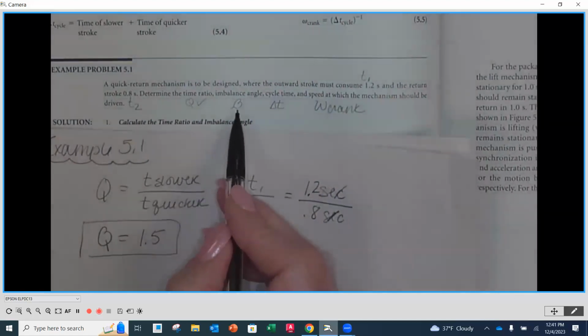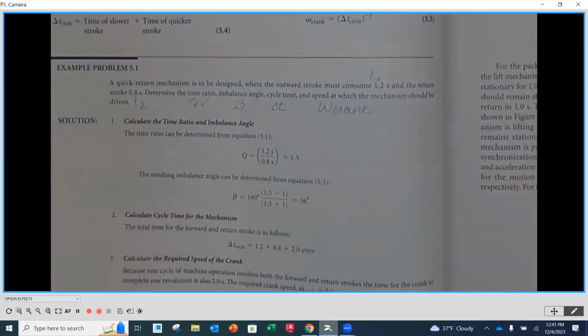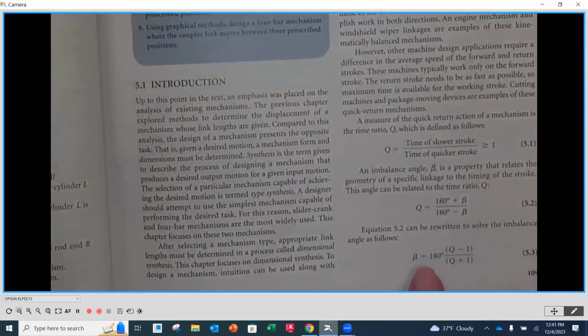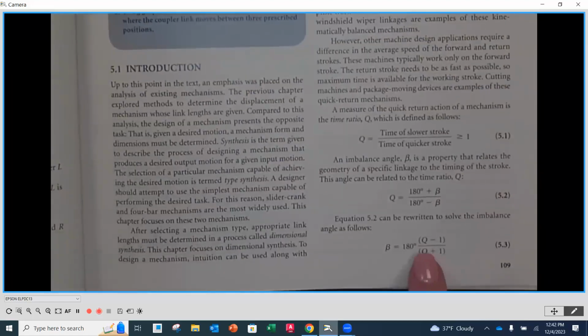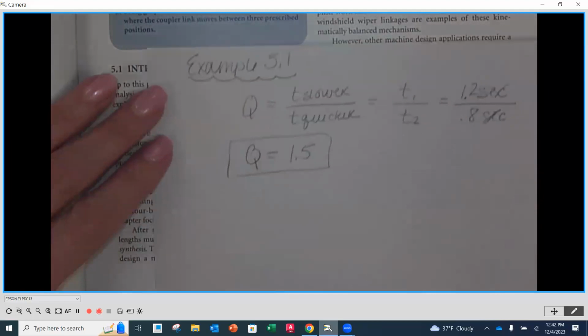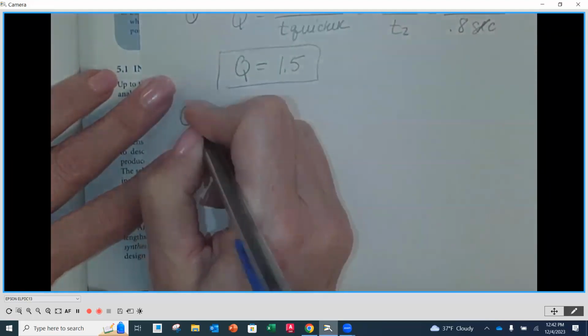Now we want to know what our imbalance angle is. Let's go back, beta. On the previous page, you're going to notice that beta is calculated, beta is equal to, and we need our Q's here. Well, we just calculated our Q's. So we're going to use that equation to calculate our beta. So I'm going to call this step number 1, this step number 2.